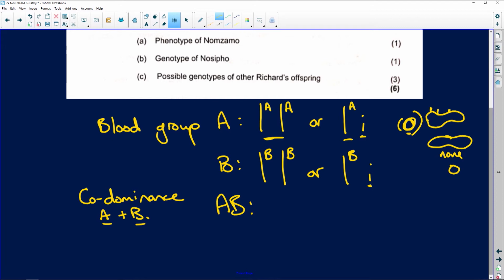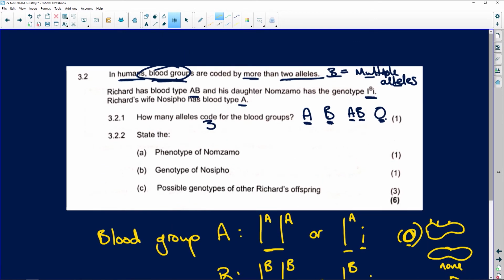This is important: there are 3 alleles that code, but those 3 alleles are responsible for 4 blood groups in the phenotype.